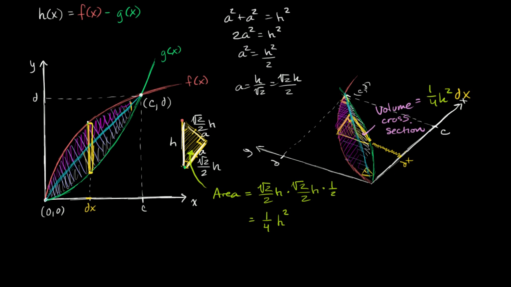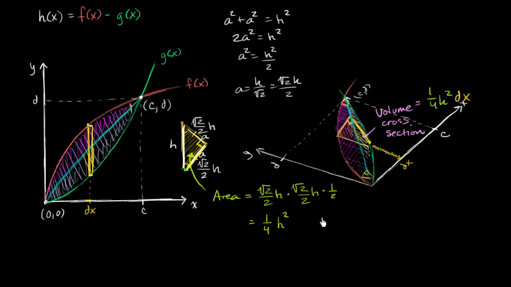So what's the volume of the entire thing going to be? Well, the volume of the figure is going to be the definite integral from x equals 0 to c of 1/4 h squared.